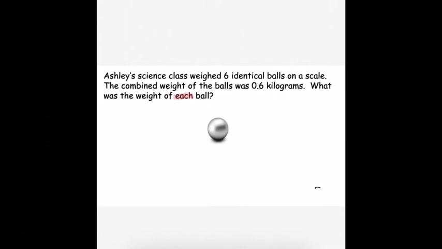it's asking. But using common sense and physically picturing what's happening, you have 6 balls on a scale and you've got weight, and we talked about length in our other question. So for this one, we're taking the weight and we're giving it to the 6 individual balls to see how much they weigh.